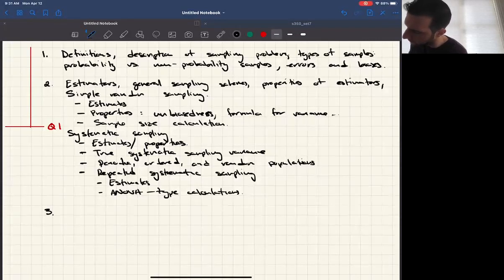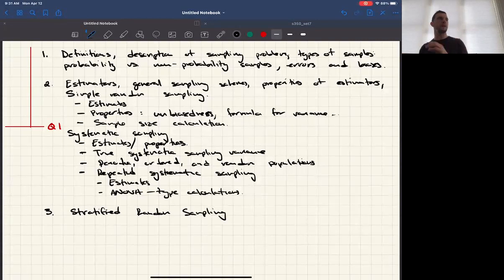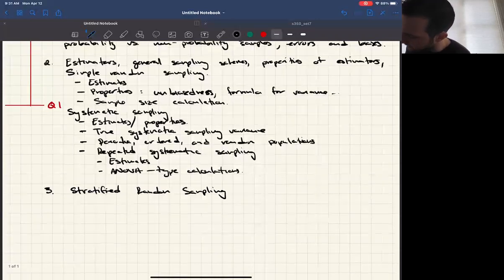Okay, and then in lecture set number 3, we had stratified random sampling. And within stratification, talked about a lot of the same ideas, but in talking about each of those ideas, so we have estimates slash properties.